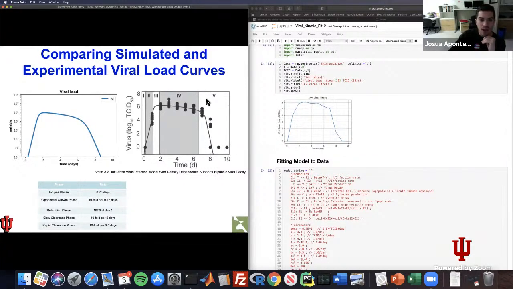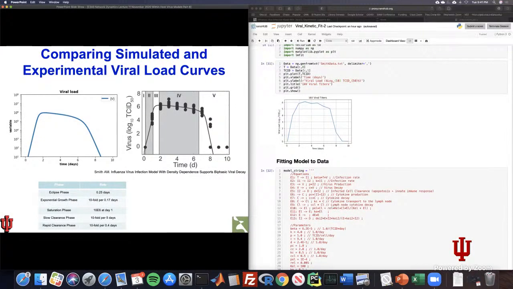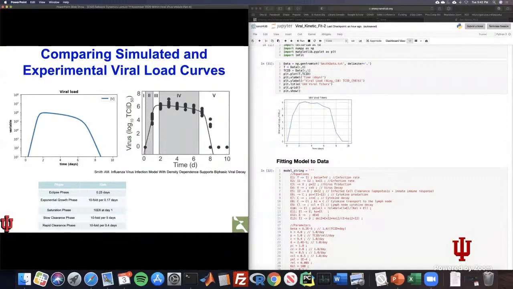What about the rapid clearance at the end? It seems like the rapid clearance is maybe a little bit more stretched horizontally. Right.